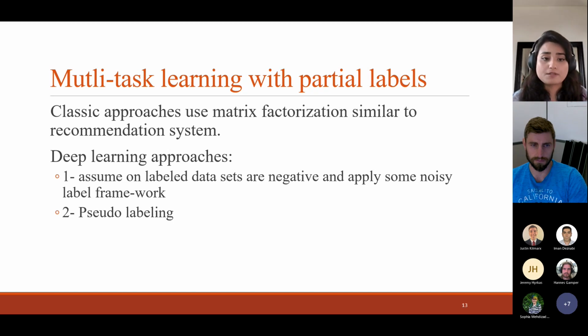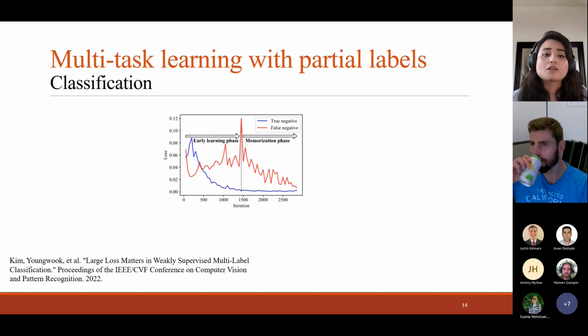The second type of method is pseudo-labeling, in which you train an initial model with your labeled data and pseudo-label your data, and then use these pseudo-labels as your ground truths in order to train your student model. So this pseudo-labeling was applied to a multitask classification problem with trimming.